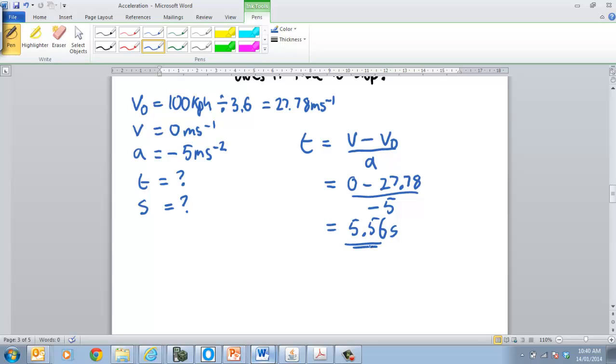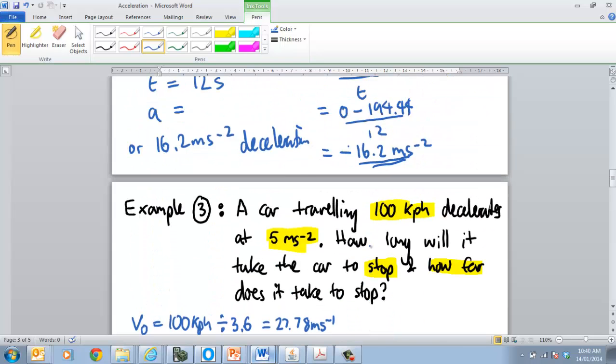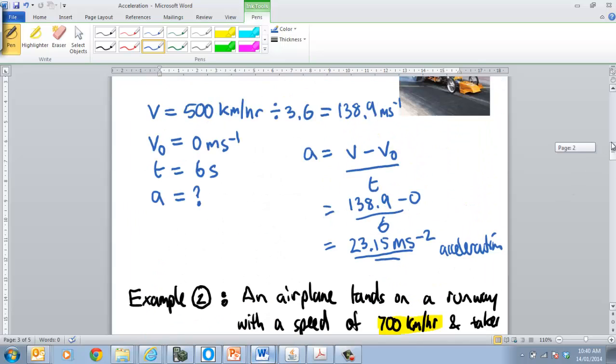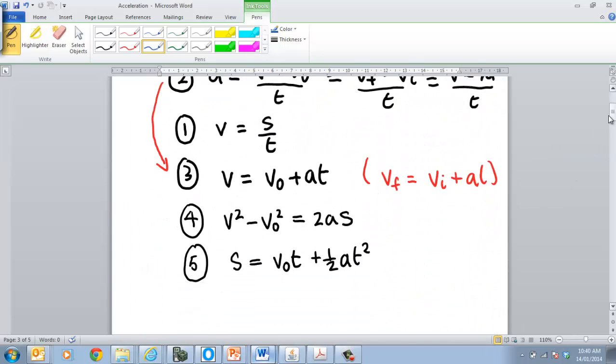Now, the distance it's going to travel in that time, I've got probably some options because I do know a fair bit about this now. So if I just scroll up to the formulas, okay, well, I do want to find this, don't I? Okay, so I do know the time now, and I do know the deceleration, so I could use that formula there, or I could use that formula because I know both the velocities and the accelerations.